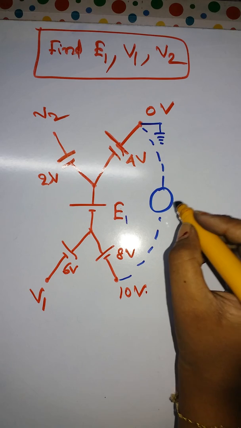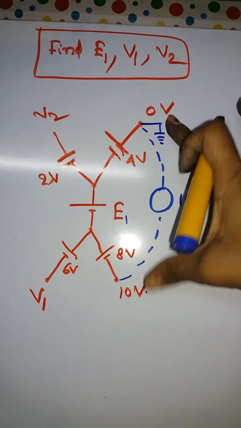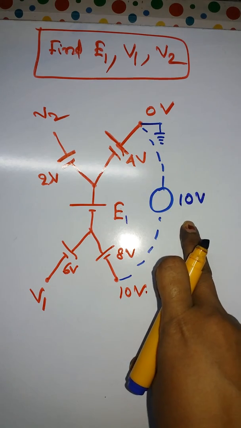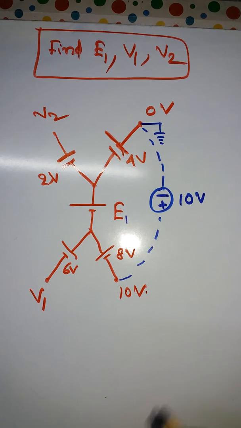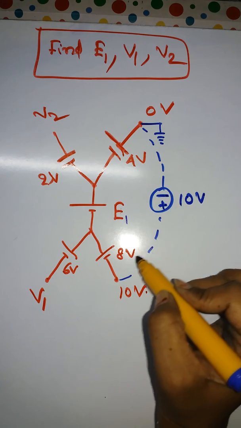So the voltage drop across this will be 10, 0 and 10, right? So if you subtract it, it will obviously be 10, and your convention will be like this. So from here you can make it as a closed loop now.